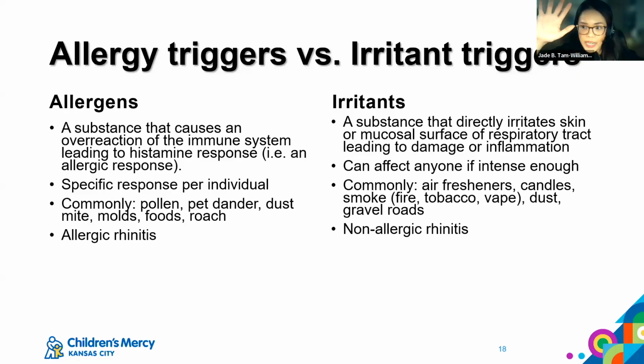A wildfire that you are in the middle of and you're having smoke inhalation is going to bother everybody, right? So that's the difference with an irritant. Most commonly irritants are like air fresheners, VOCs, candles, smoke, dust, gravel roads. And when you have irritants in the nose, we say that is non-allergic rhinitis.